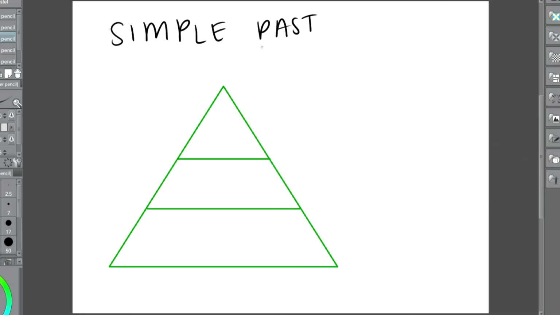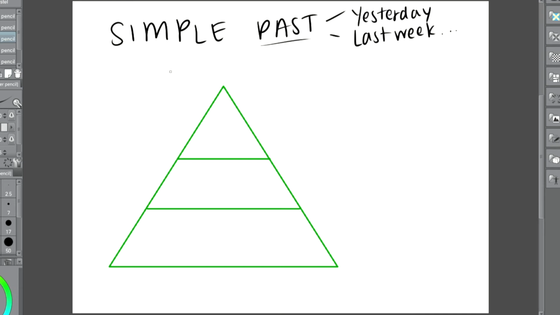However, in the simple past, and by the past, we're talking about anything that happened before. So if it happened yesterday, or last week, or last month, those are all things that happened in the past.